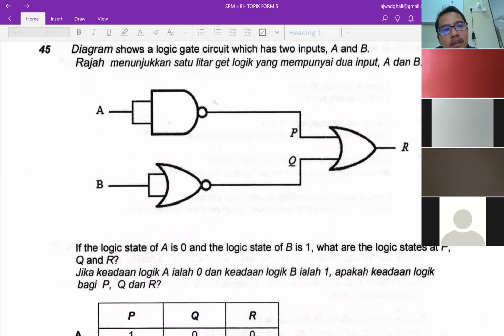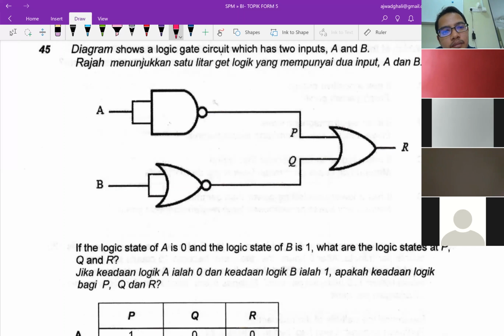Okay. So we start like this. If this is 0, meaning there are two legs, 0 and 0. If we start with 0, also the same thing, 0 and 0. So this is AND, but there's a dot, so it becomes NAND.